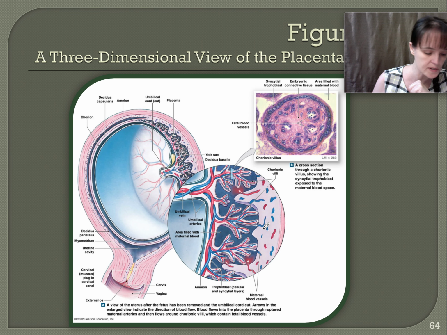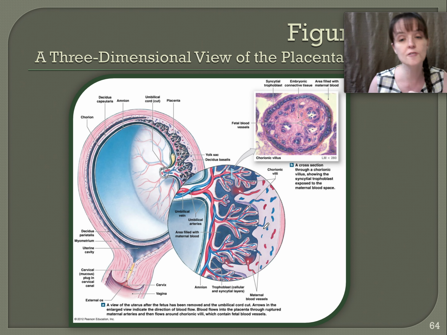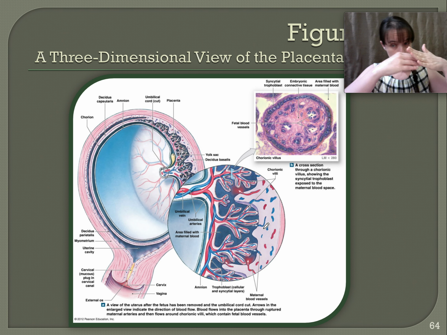And what separates maternal and fetal blood? Layers of the trophoblast. So mama's blood and baby's blood do not mix unless there is a tear and bleeding at the placenta, which can happen in things like placenta previa. But normally, mama's blood cells stay in mama's bloodstream and baby's blood cells stay in baby's bloodstream.